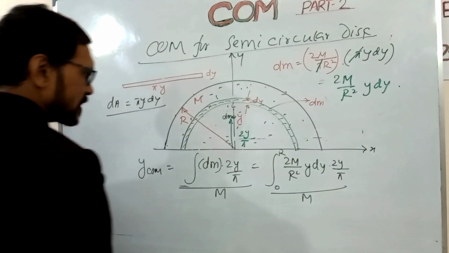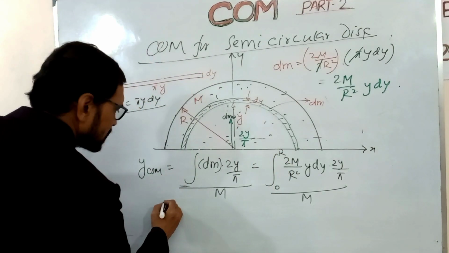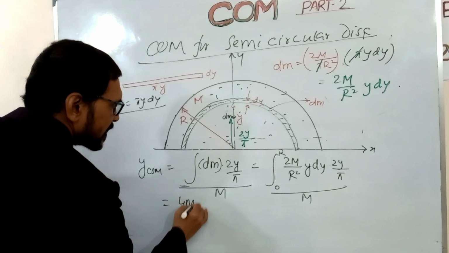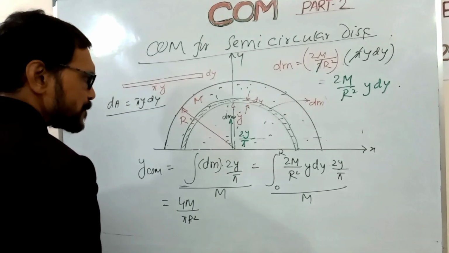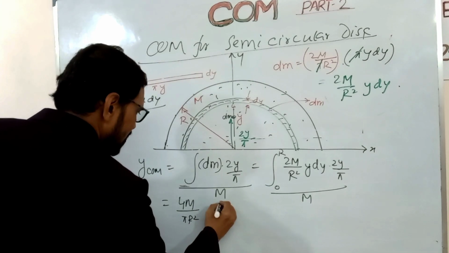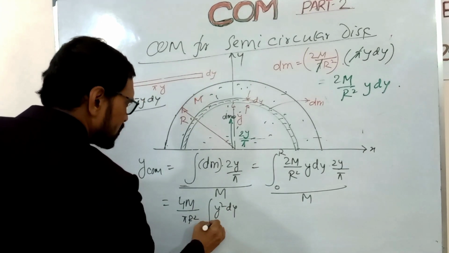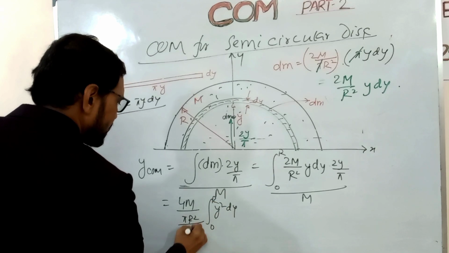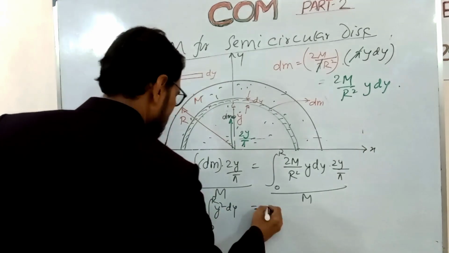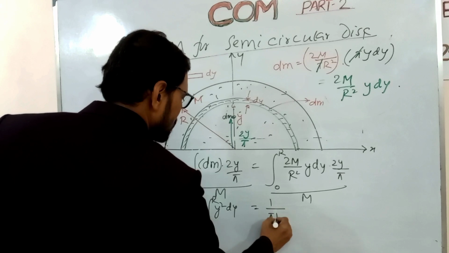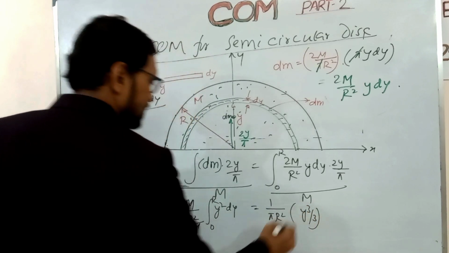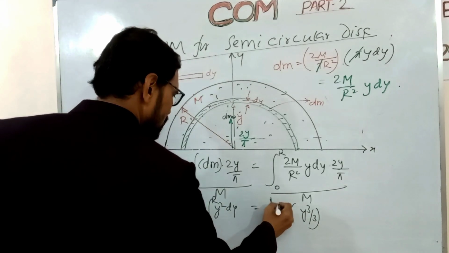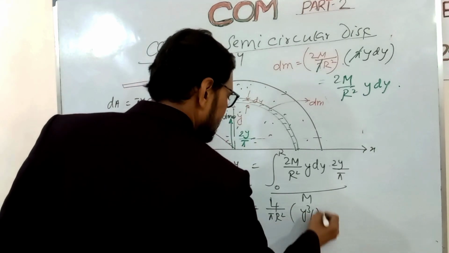If we calculate this, it will be 4m by pi r square, y square dy, integrated from 0 to r, divided by m, cancel this. The integral of y square dy is y cube by 3, into 4, from 0 to r.